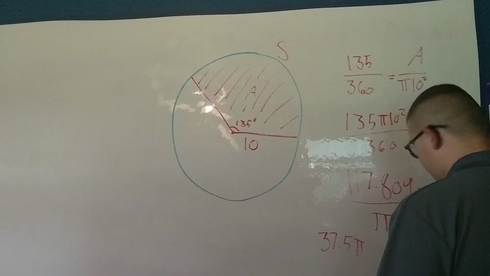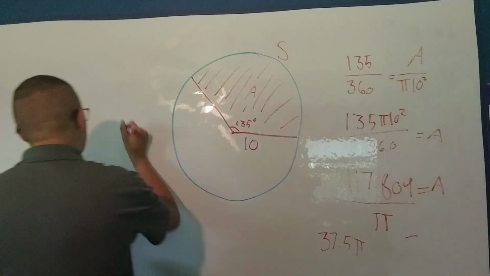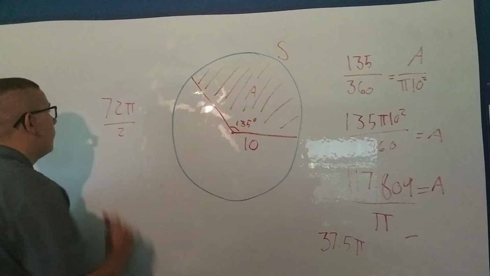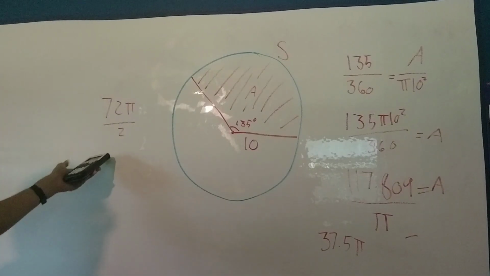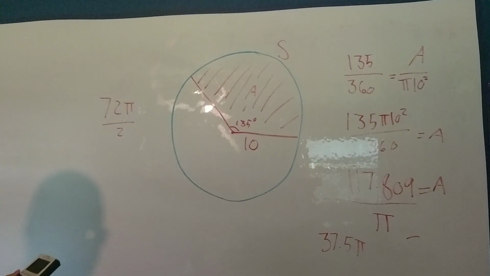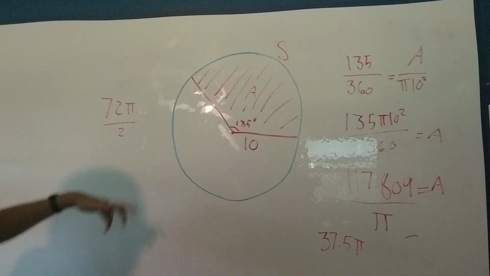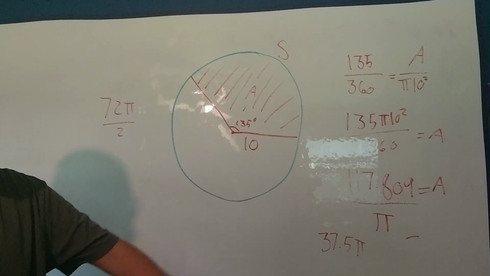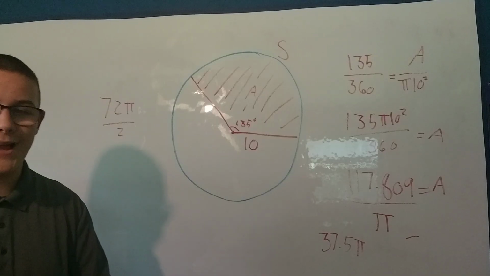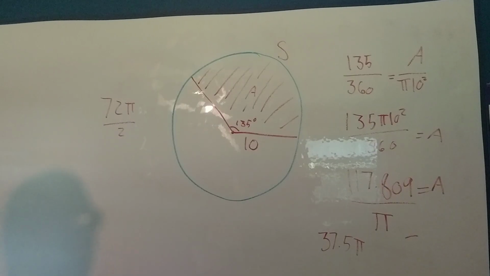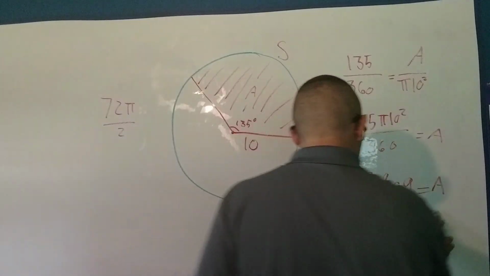So then you get 72 pi over 2, and that would be your answer in terms of pi, if you need it in terms of pi. So just divide by pi, and then if it's a fraction, put it over whatever makes it not a fraction, and then multiply by that. And that would be the area. So I'll put that over there as our area.